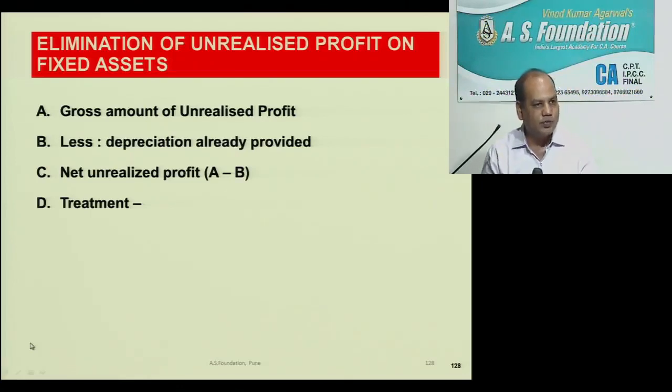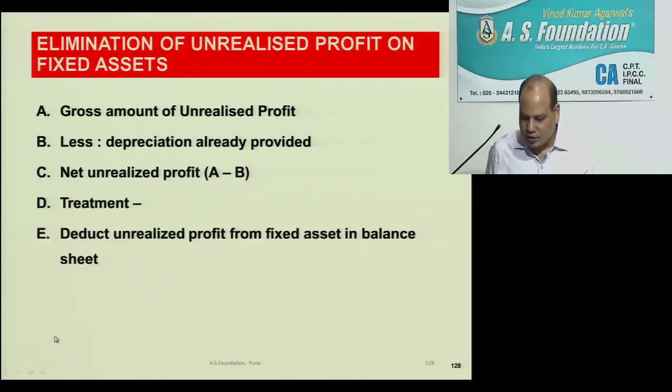If the subsidiary is the seller, reduce it from the profit of the subsidiary company, like we do in the case of inventory. Only difference here is, in case of inventory, the entire unrealized profit is eliminated. In case of fixed asset, unrealized profit minus depreciation provided is eliminated. To the extent depreciation has been provided, the profit has been realized.